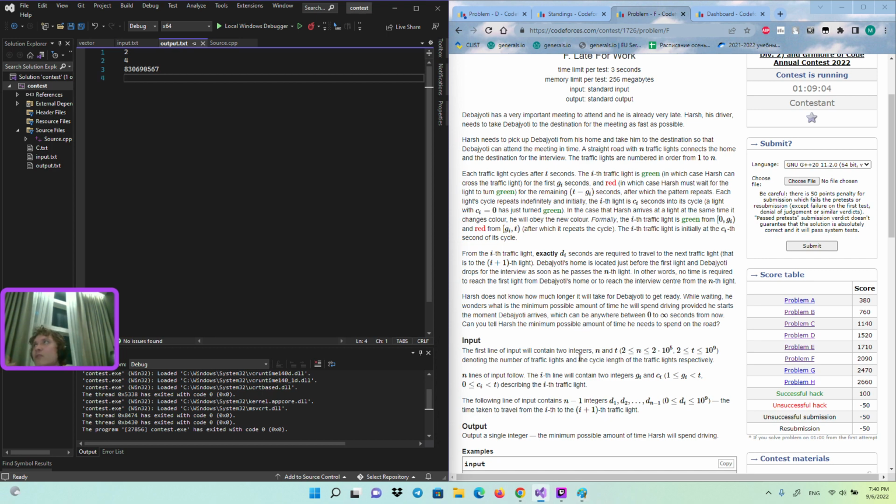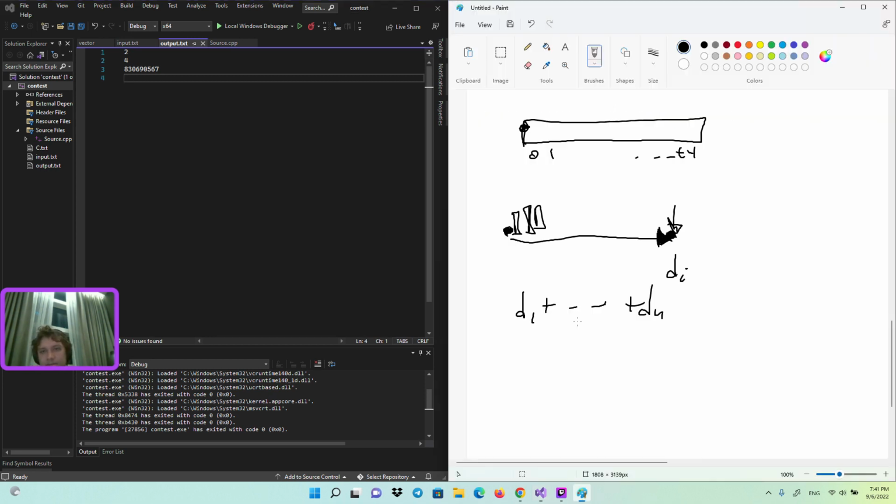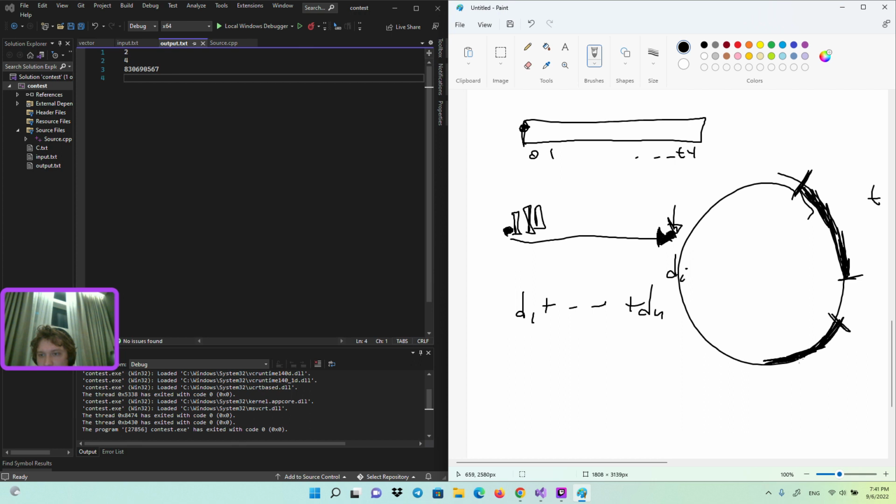So we know that all traffic lights are in the same point, and moreover, we have a circle of length t, and we have several segments which are prohibited. And if we step on a prohibited point, we have to move all the way to the end of the prohibited segment.